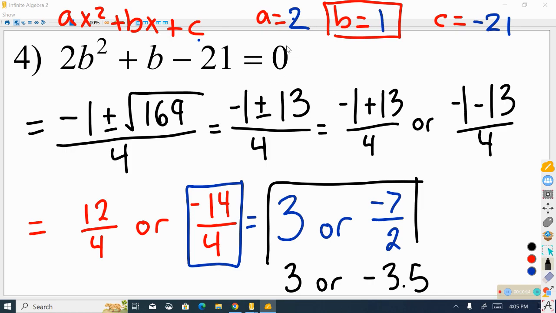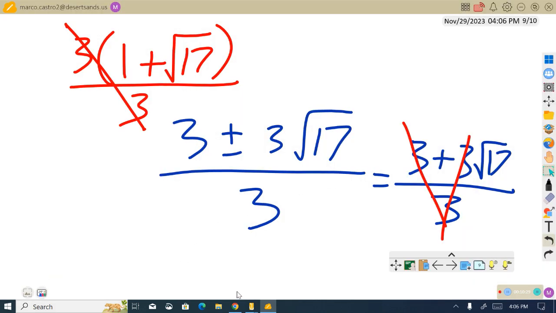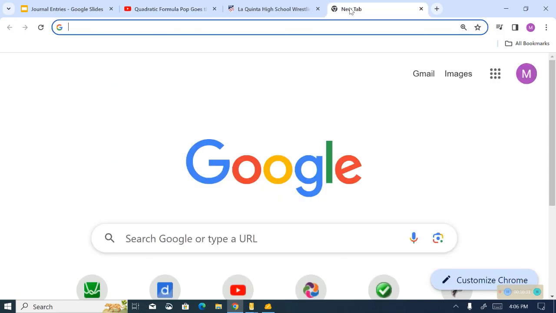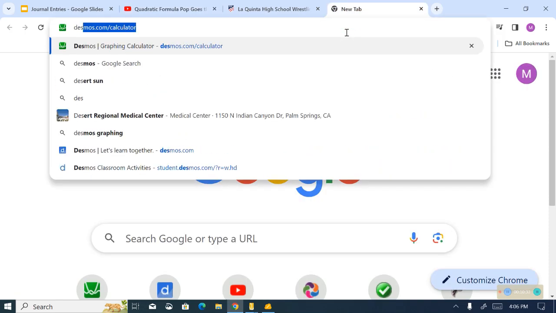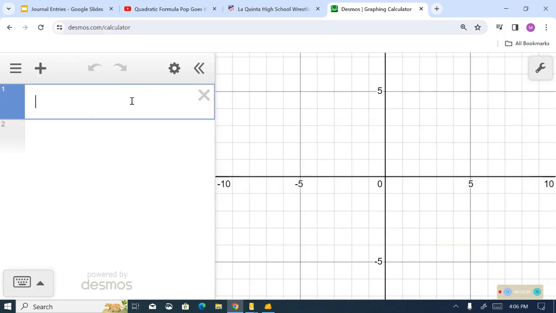You're going to realize that, like we did before we went to break, those are the x-intercepts. The x-intercepts should be at 3 and negative 3.5. So let's go take a look at that. Let's go to Desmos and see what's going on here so that we have a little more understanding of this whole process. Why are we doing this? So we get here, Desmos.